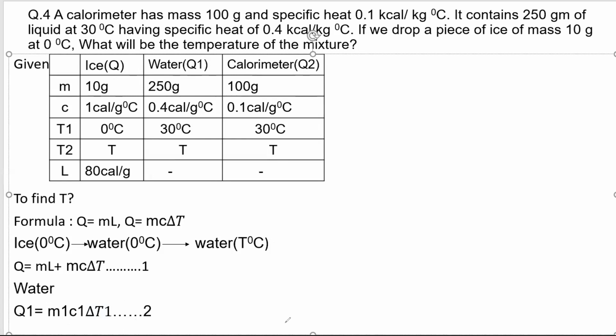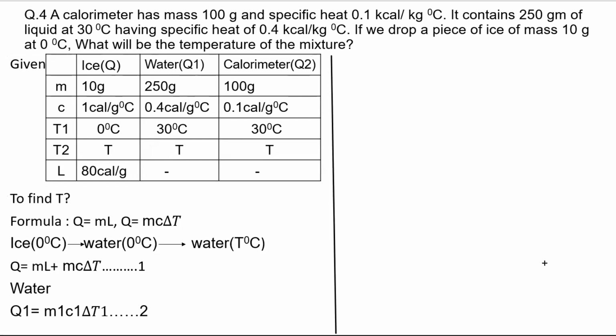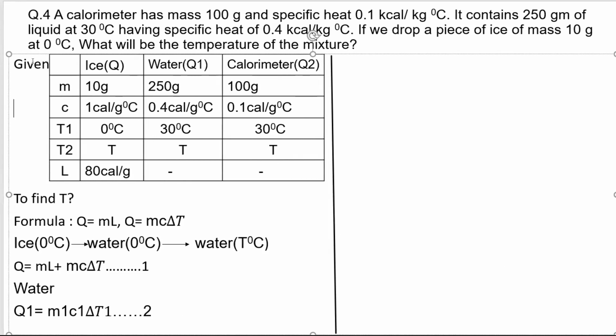Now, next is calorimeter. In the case of calorimeter also, the temperature of calorimeter is 30 degrees Celsius. It will get converted to T degrees Celsius.